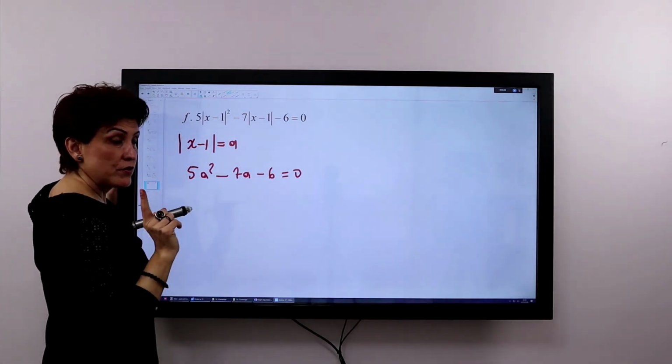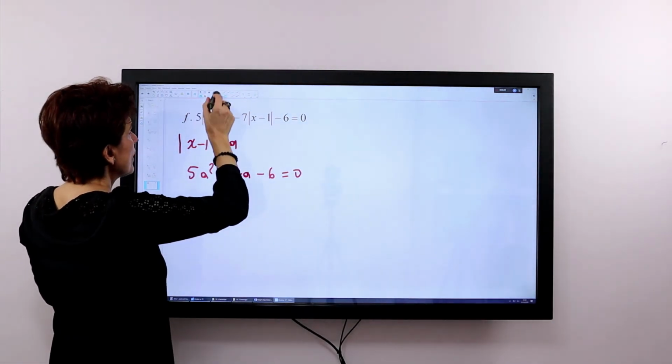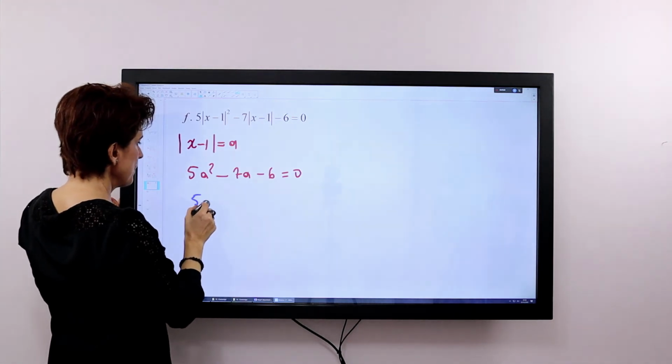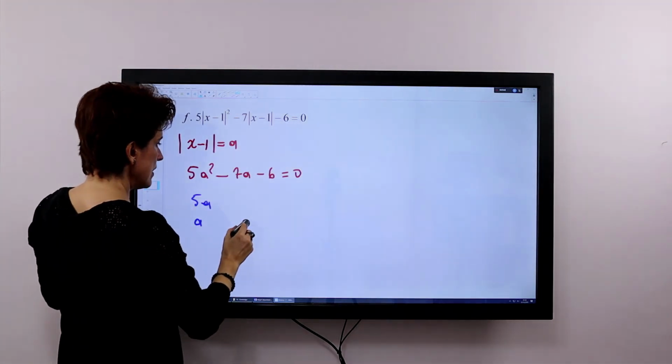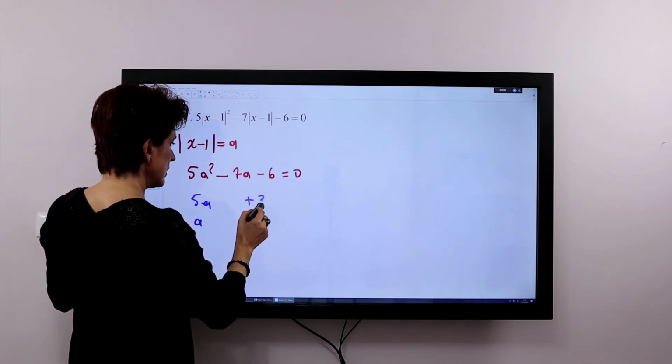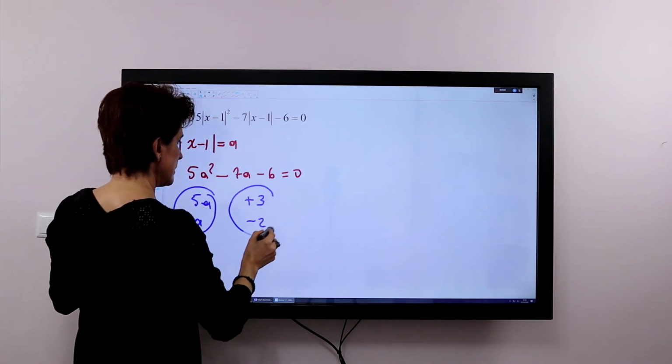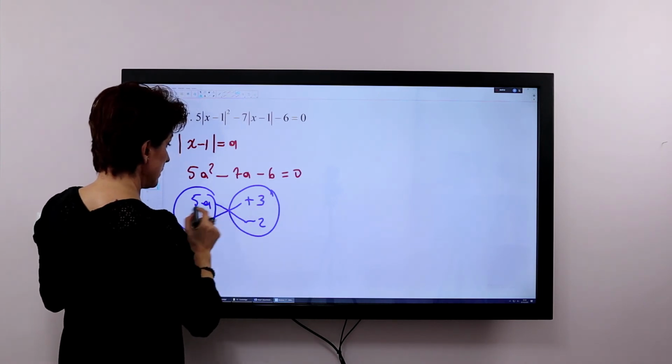We need to satisfy 3 different conditions to factorize this equation, right? That's 5a, -2. I think I'm doing right. Did you get it? 5a² done. -6 done. Sum of the cross product done.